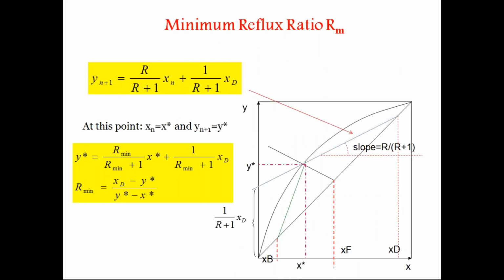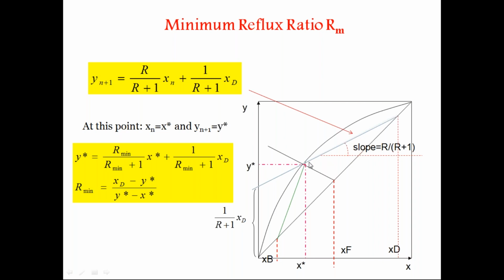In the last class, I gave you the exercise of how to estimate the minimum reflux ratio for a particular case. Before that, let us see how the minimum reflux ratio will be estimated for a particular feed condition. For example, the feed condition is this one, a saturated vapor plus saturated liquid.